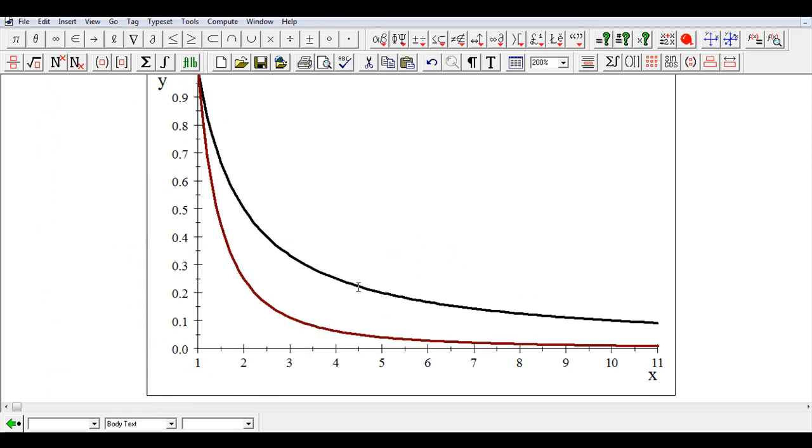So if I keep on going and going, the area between the black curve and the x-axis will keep becoming larger and larger. But the red curve and the x-axis will converge to what? Eventually it will become very close to 1, right?